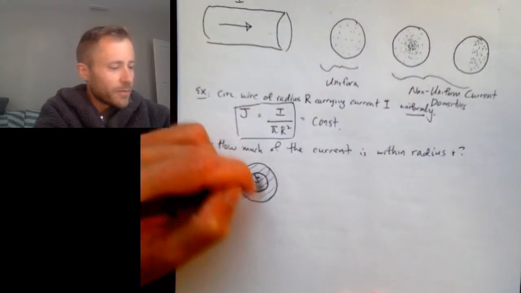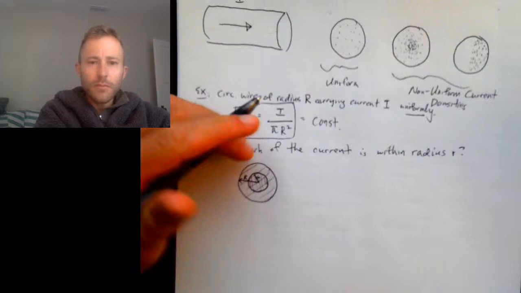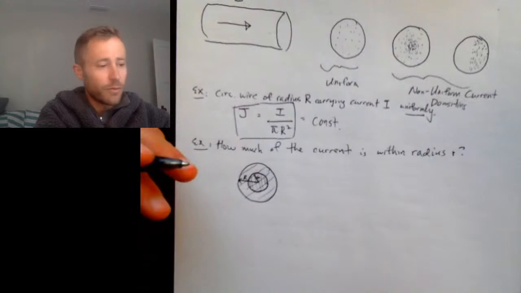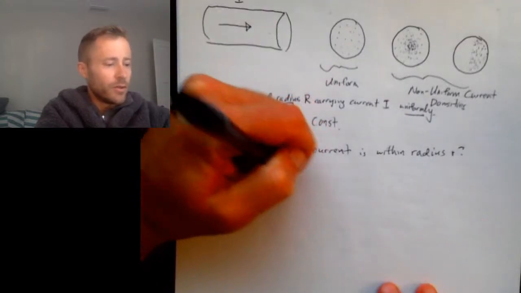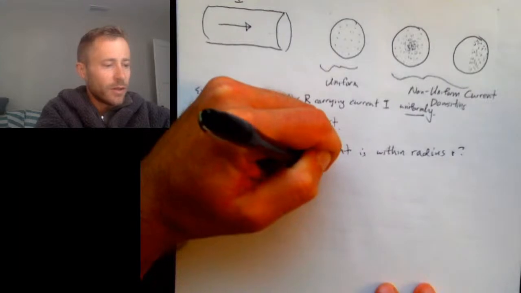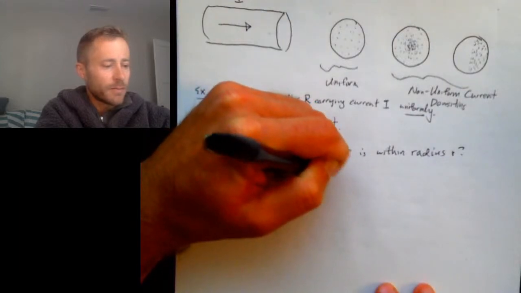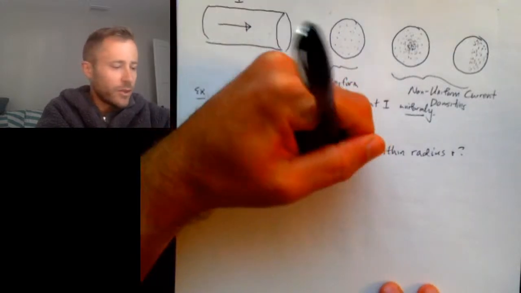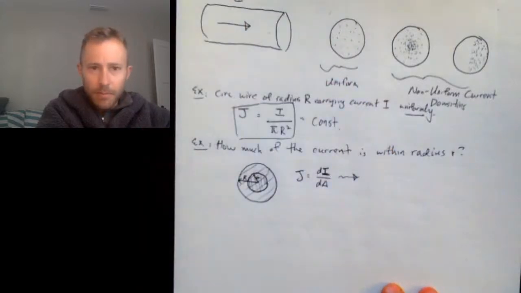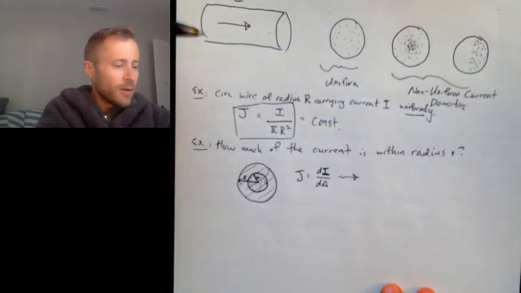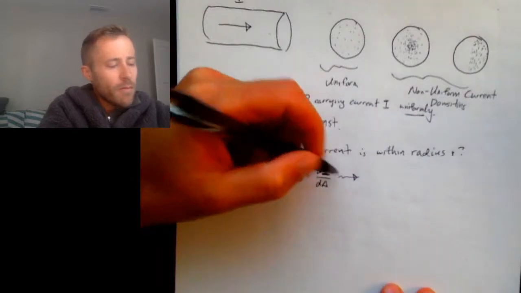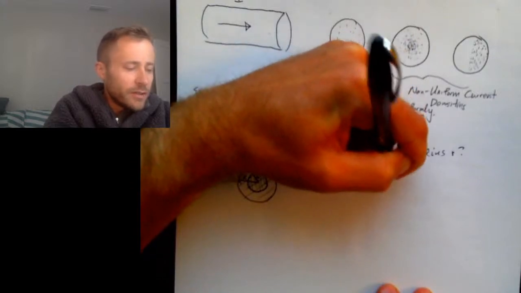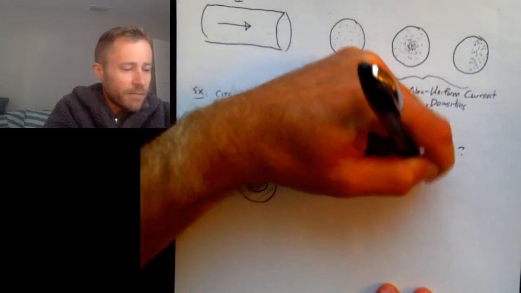If you have a situation where the current density is uniform, your current density is just current per area. So if we take both sides and multiply by area, we would get J dA equals dI.